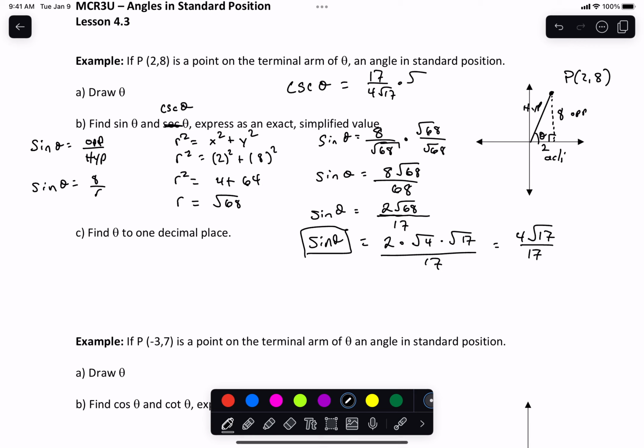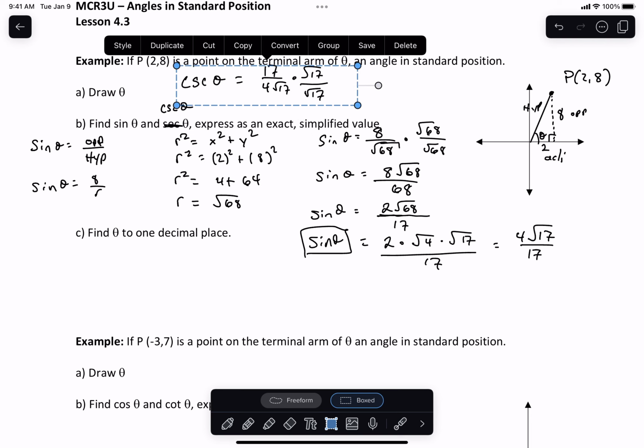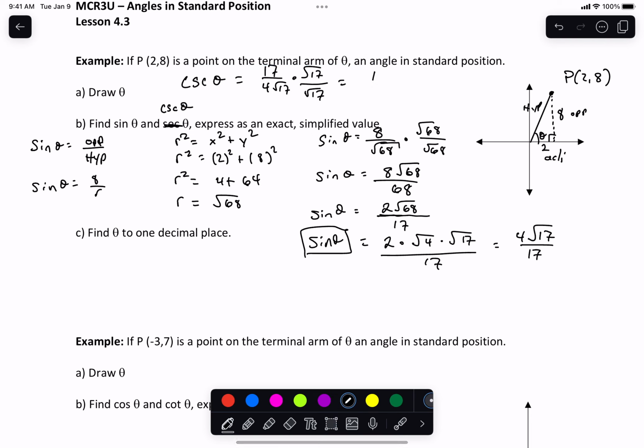So you have to multiply by, sorry, I'm out of room, as you probably are. So I get 17 root 17 over 4 times 17, which is? Okay, that's cosecant theta. I haven't done this in a while. I didn't realize how much space it needed.